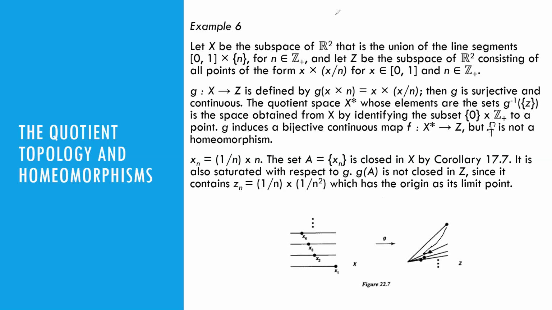So intuitively, what does this theorem tell us? Well, it says that if you have a lot of straight lines, and you choose their intersection with x equals 0, and then try to paste it like in figure 22.7 on the right hand side, then this kind of operation is not continuous.